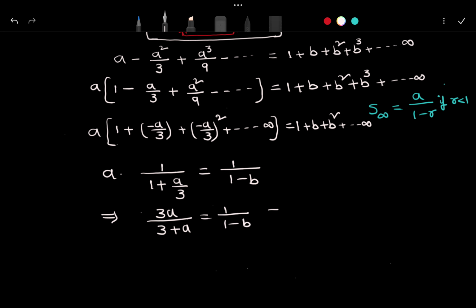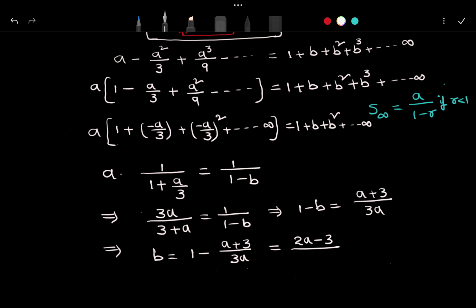Now from this you can write 1 minus b is equal to a plus 3 divided by 3a. Now b is equal to 1 minus (a plus 3) divided by 3a. Now you take the LCM, that value will be 2a minus 3 divided by 3a. This is the b value.